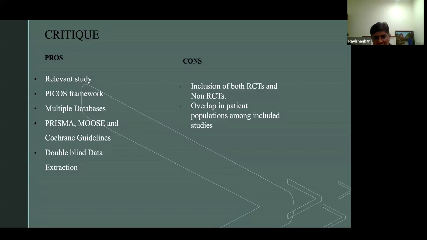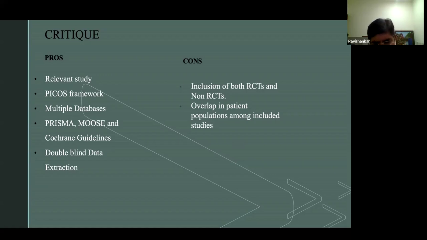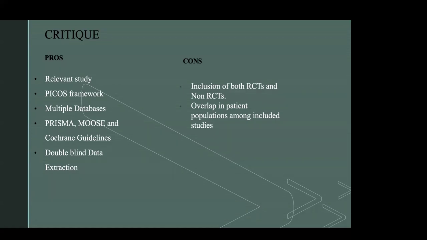For that, they have calculated the I square, that is heterogeneity, and the funnel plot. So that will tell you. If there is too much heterogeneity, then this study's conclusion is not that reliable. If heterogeneity is very low, then you can take it that these conclusions will be useful.